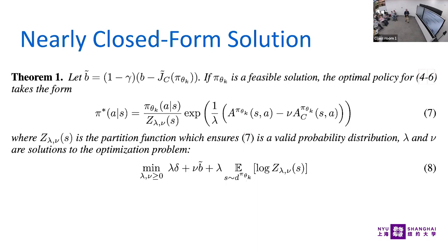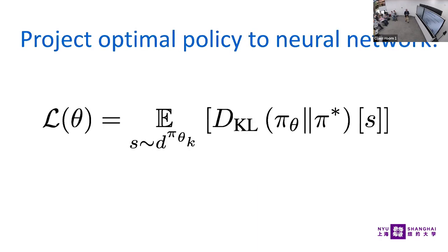But we can't really sample from it because we don't know the normalization constant. So what we do is we take this structure, and now we're going to project it back to the neural network. To project it back, we're basically going to use KL divergence and try to find the theta in the neural network such that pi theta is as close as possible to pi star. So that's what we're going to do here.